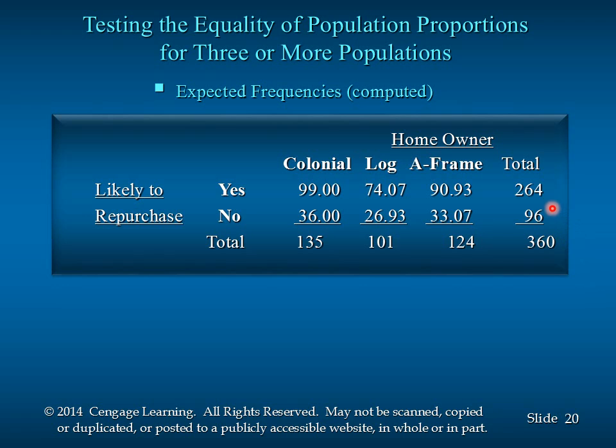So if you took 135, and this all adds up to 135, you would have expected, based upon the observed frequency, about 75% would be colonial and 25% would be not colonial. Then likely to repurchase would be about 75 versus 25%. That's what you would expect to see.